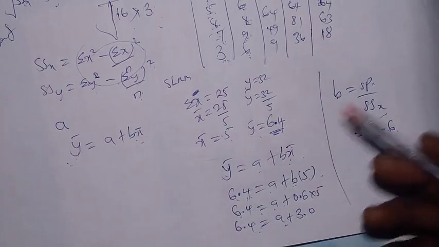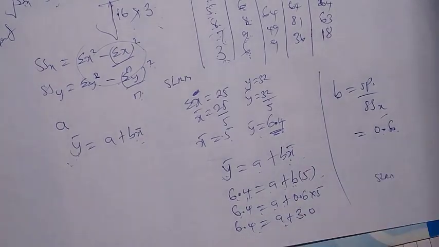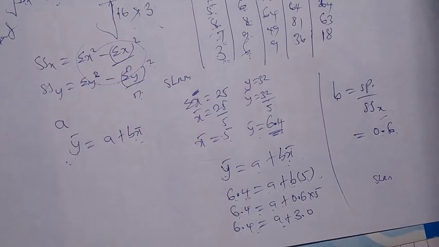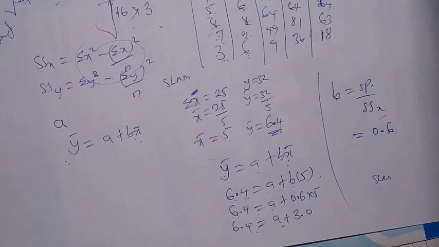Why manually? Because we are using a simple linear regression model. Manually you can compute, but if you are using a multiple regression model where you have more than one variable, like 10 variables, this is labor intensive, time consuming, very hard, and confusing.